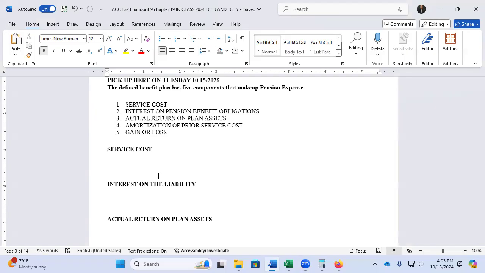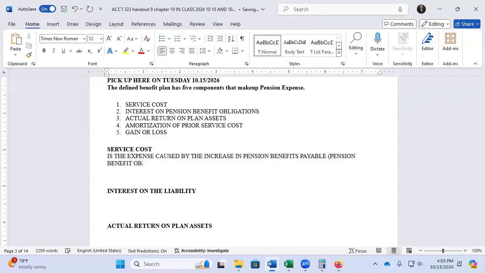Okay, so we're talking about service cost. Service cost is the expense caused by the increase in pension benefits payable. We call that the pension benefit obligation, or projected.